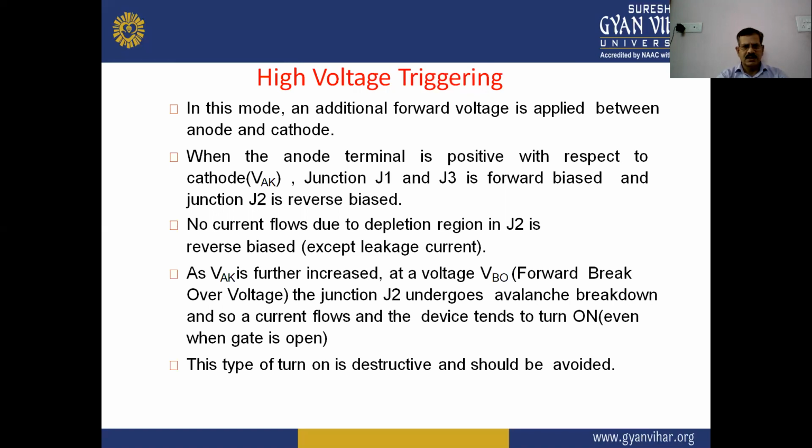As VAK is further increased to the forward breakover voltage VBO, junction J2 undergoes avalanche breakdown, so current flows and the device turns on even when the gate is open.